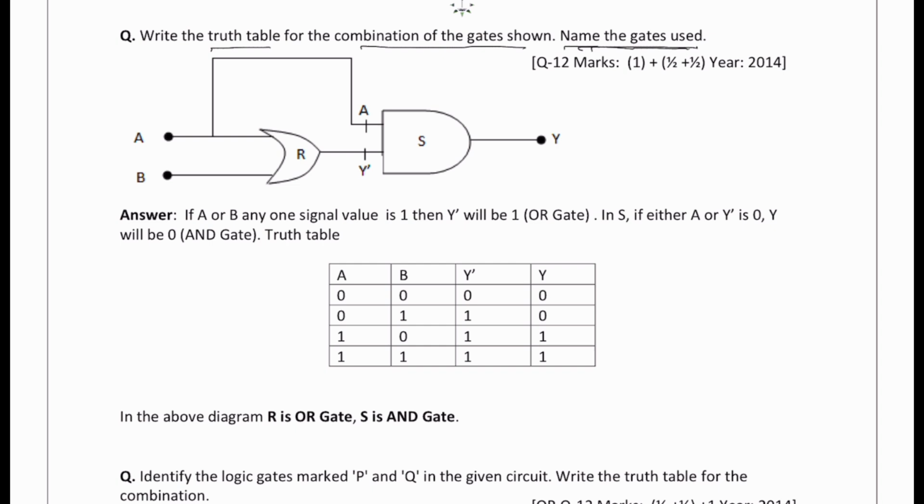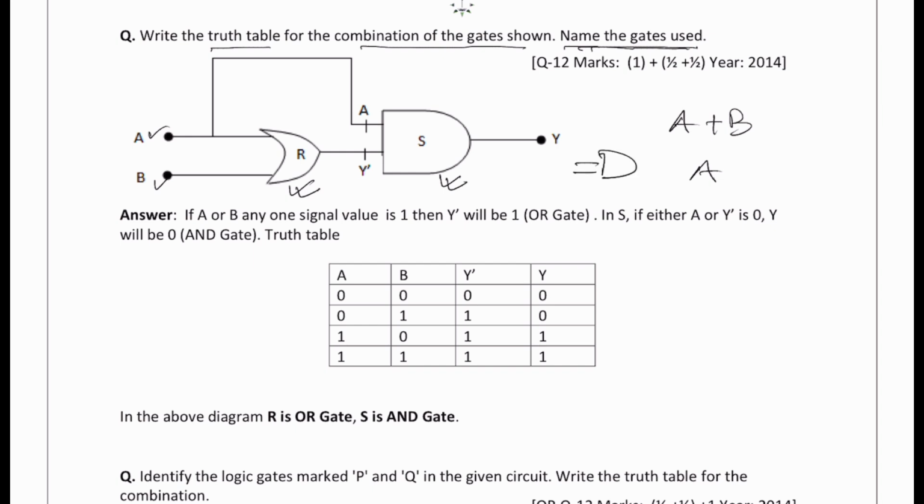Now this is the circuit given. A and B are the inputs. This symbol is the AND gate, and this symbol is the OR gate, correct? What does the OR gate do? The OR gate adds. What does the AND gate do? If A and B are the two inputs to the AND gate, it multiplies.